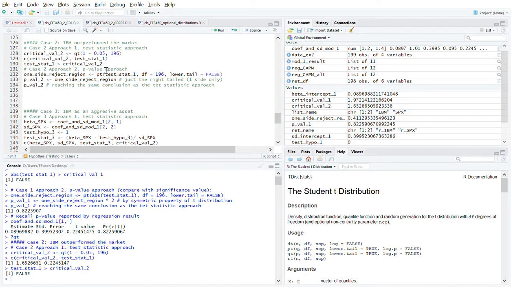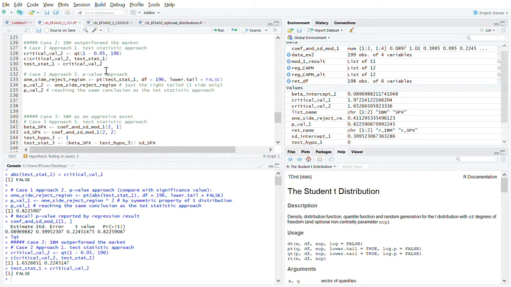From the p-value approach, we compute the probability of the right tail, providing the test statistic we computed as the first argument, then the degrees of freedom, and setting lower.tail equals FALSE, because otherwise it would be the CDF, and in fact we want the shaded area of the right tail.